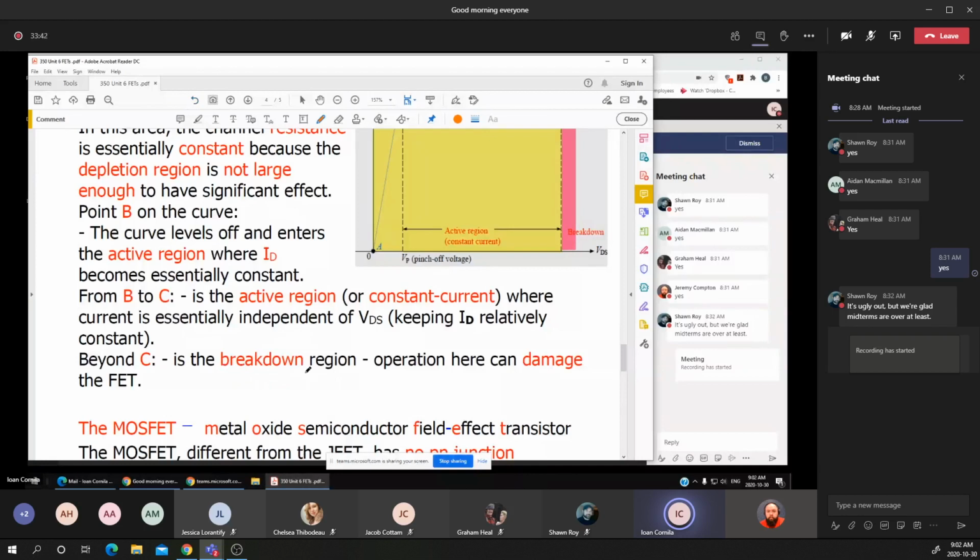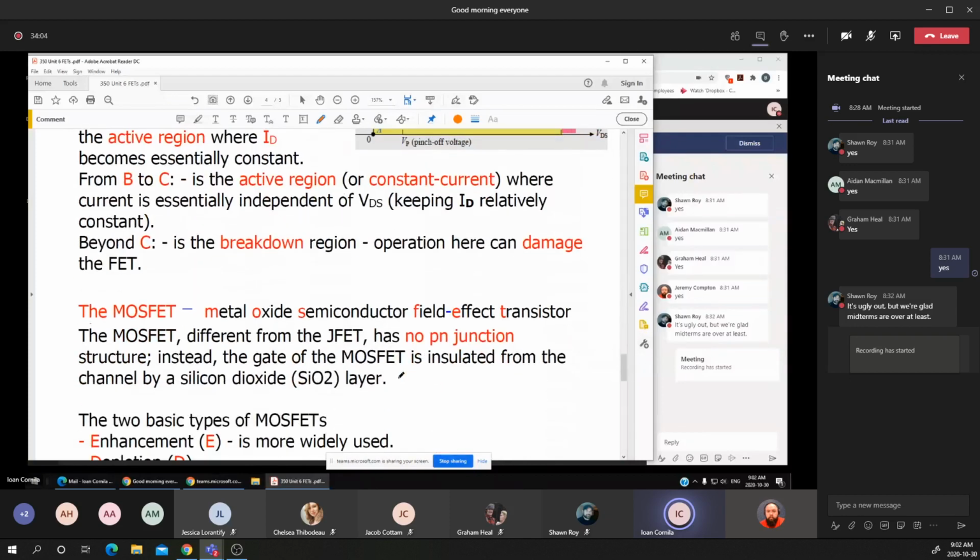That's like the collector-emitter maximum voltage, which has the same meaning. That's the limit in terms of the voltage that may be applied on the FET between the drain and the source.